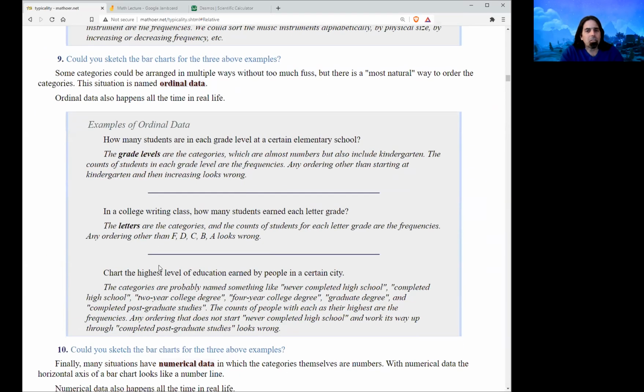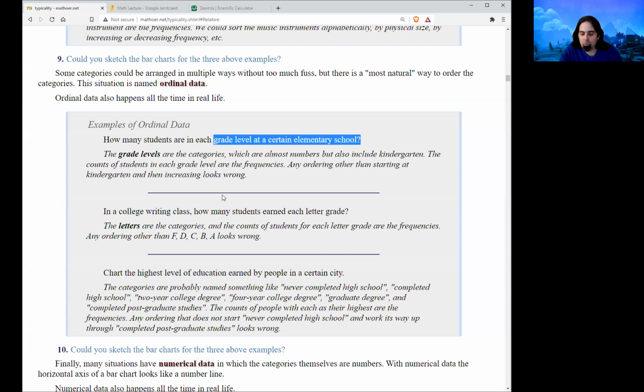Some categories have a little bit of variety, but there is certainly a most natural way. And the jargon for that, which you will probably never need, but I'm showing you anyway, is ordinal data. So grade levels at a certain elementary school.